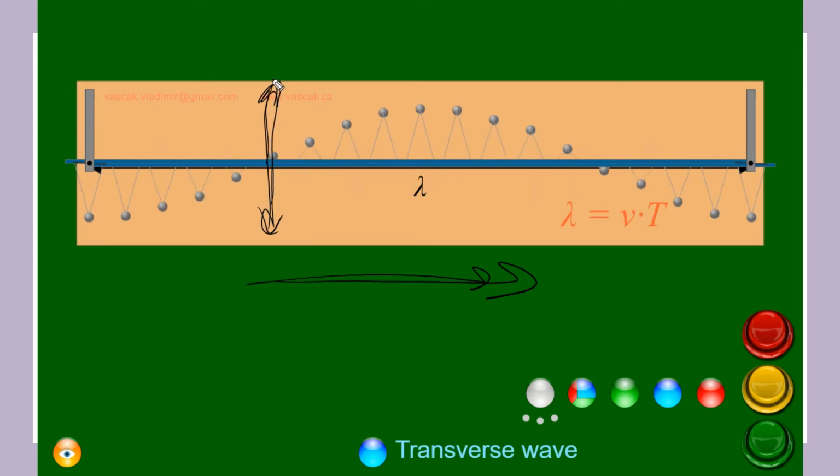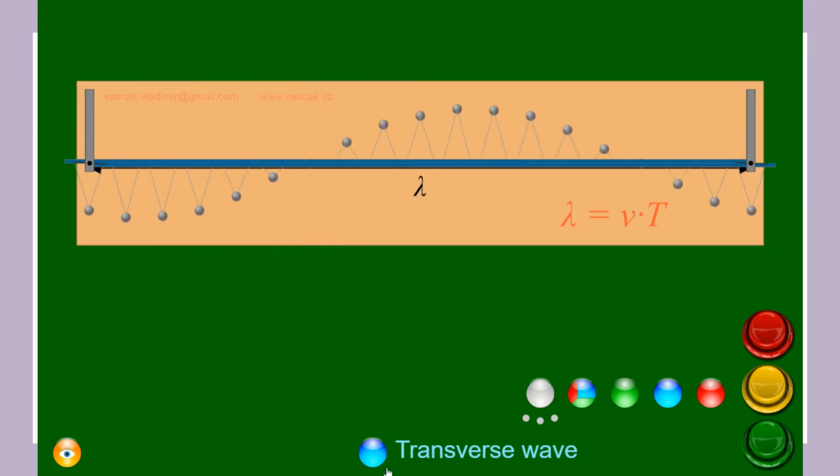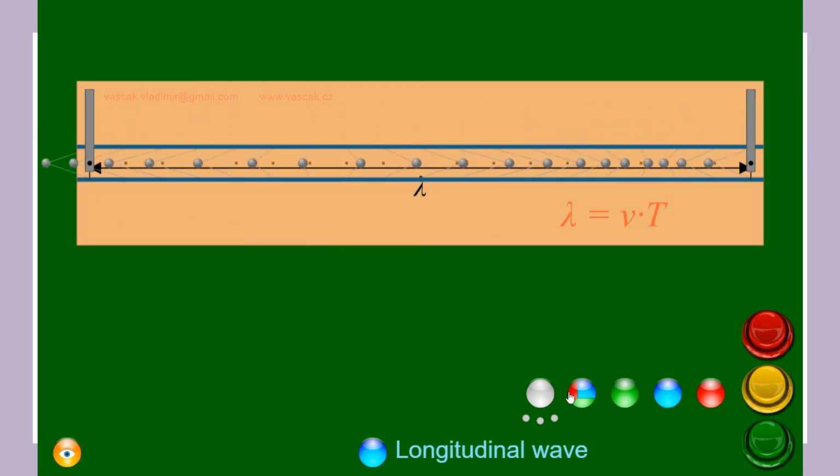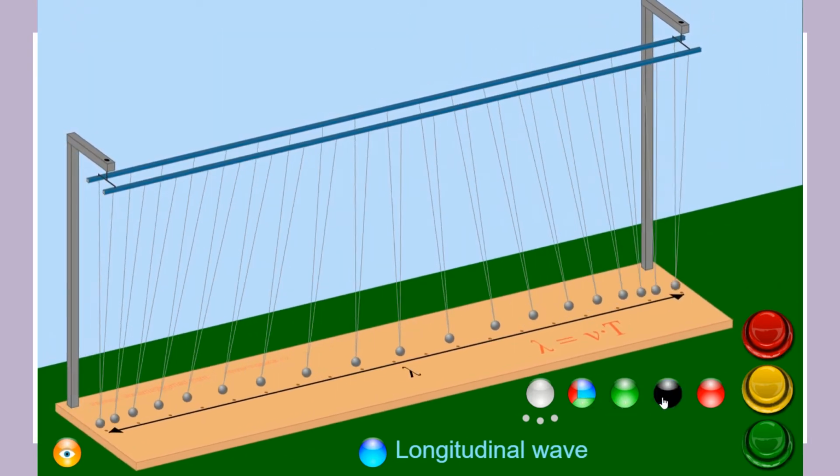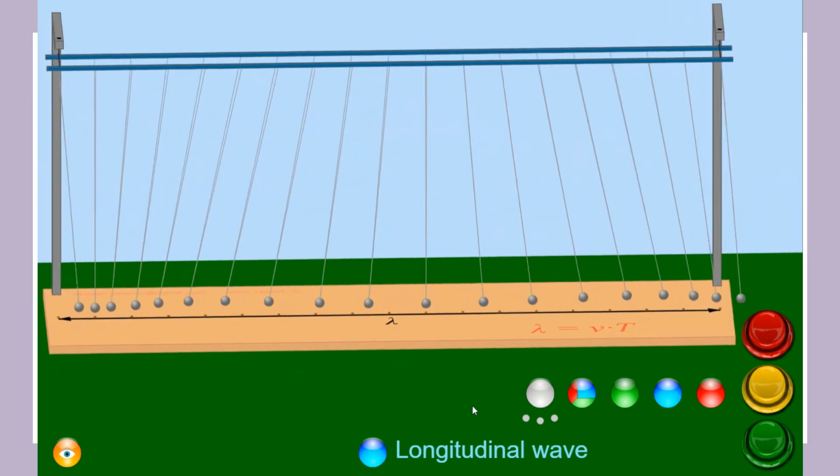And this wave is called a transverse wave, because the particles are going up and down, so they are vibrating perpendicularly to the direction of propagation of the wave. Now, the second type of wave is called the longitudinal wave. Let's take a better look at it. I guess this way we can see it better.